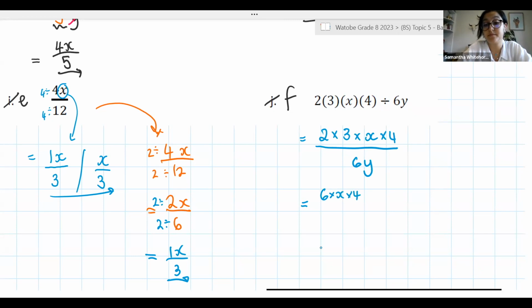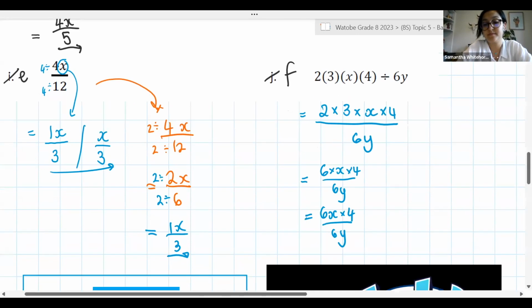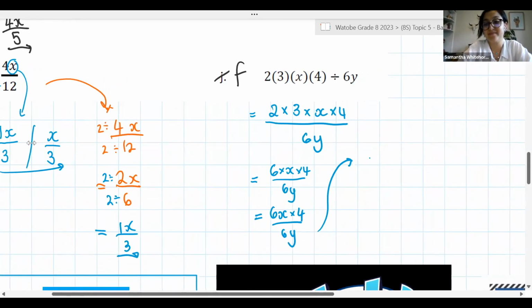And then I said 6 times x is equal to 6x, times 4 divided by 6y. And then I said 6x times 4 is equal to 24x, divided by 6y, gave me 4xy.